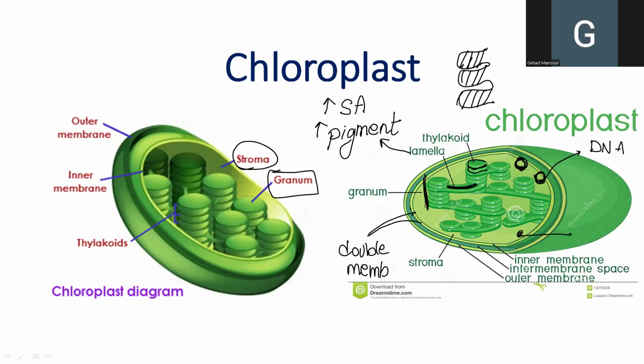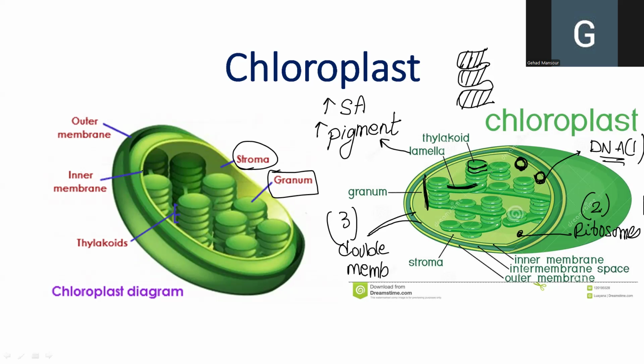And then we have their own ribosomes that synthesize their own proteins. So their own DNA, similar to that of prokaryotes, this is the first evidence. Ribosomes, this is the second evidence. A double membrane, this is the third evidence.